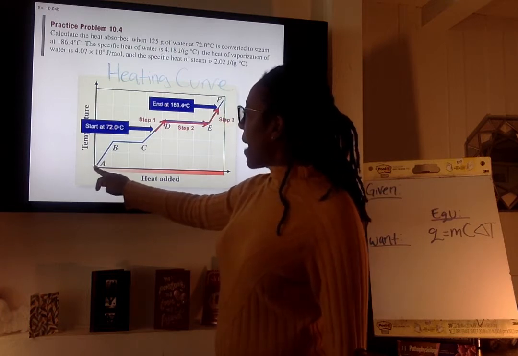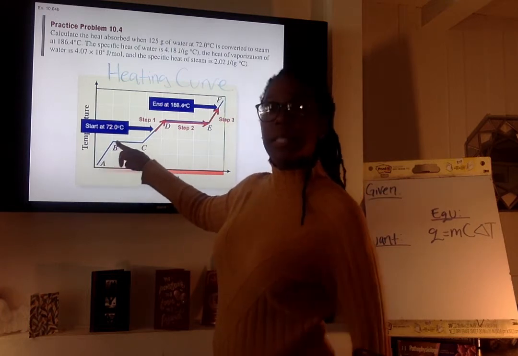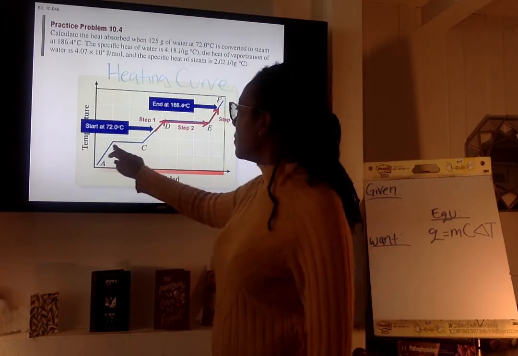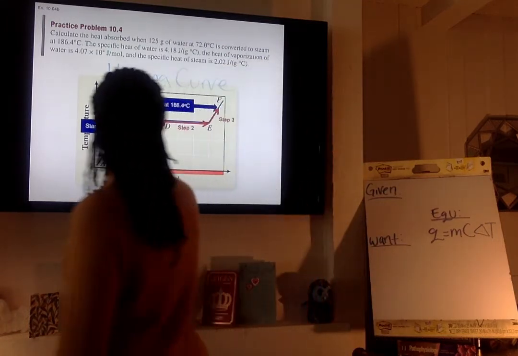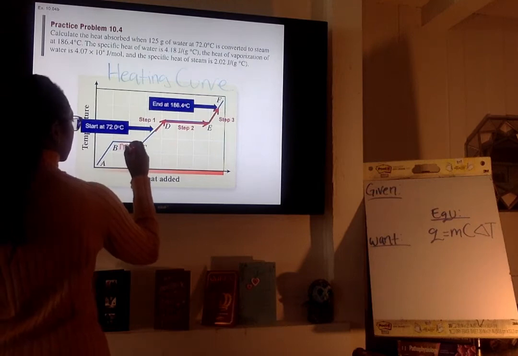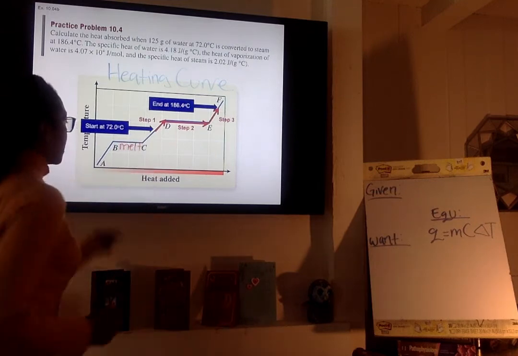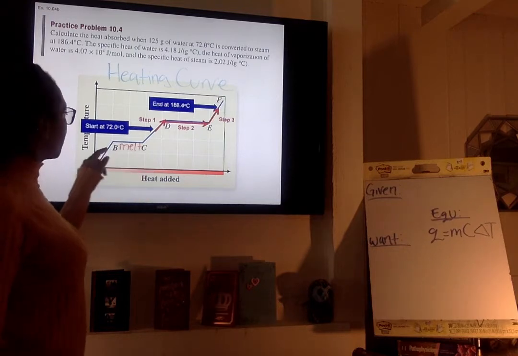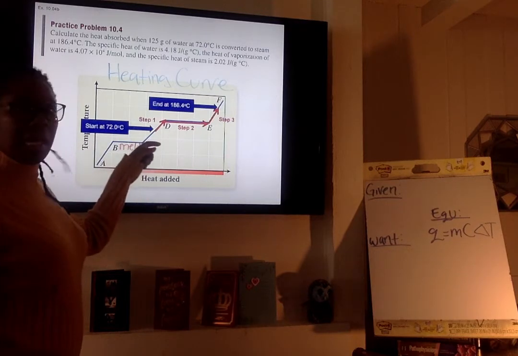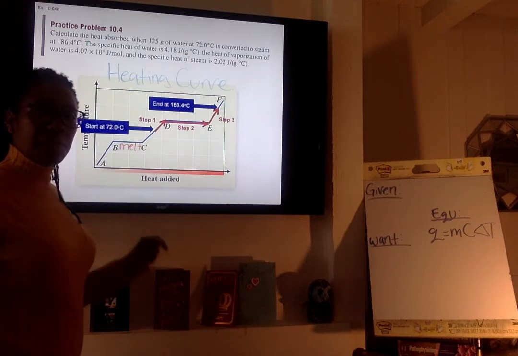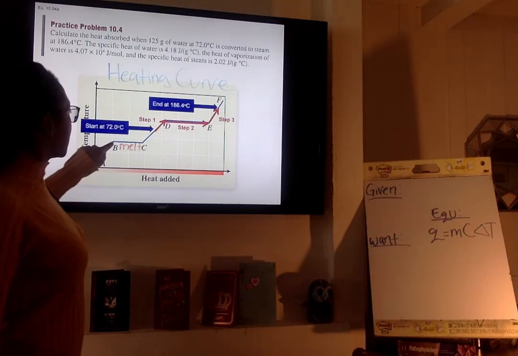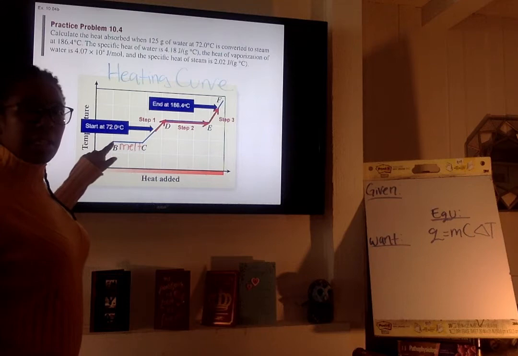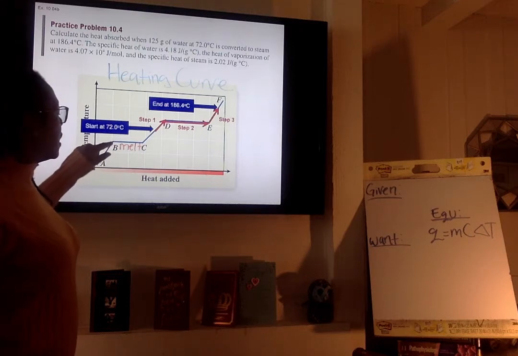So if I'm adding heat to my ice, what's happening? I'm going to be melting, because I'm going from ice to liquid. Remember, anytime you have the plateau, that means it's a phase change. This temperature is the important part that you need for it to melt.